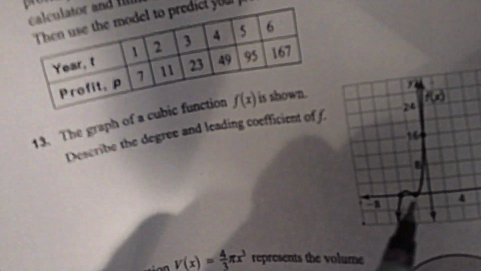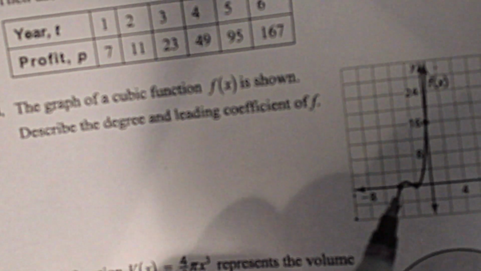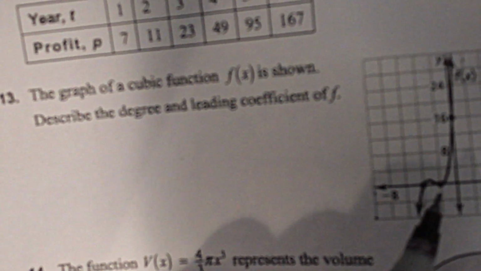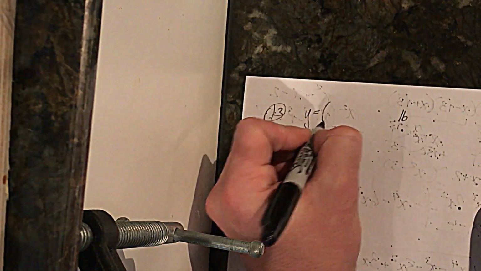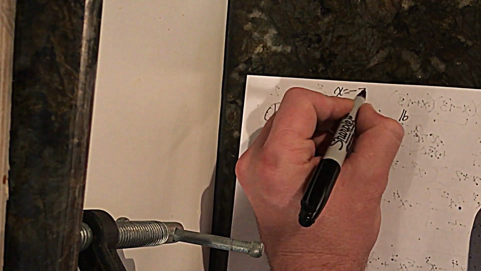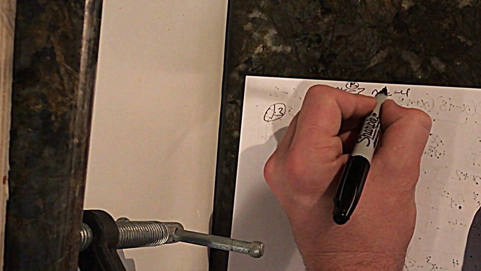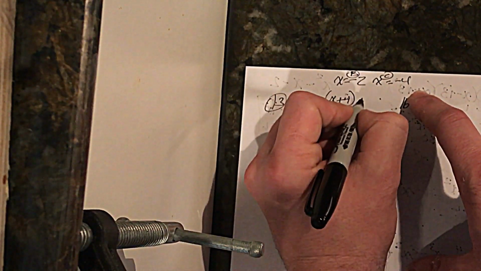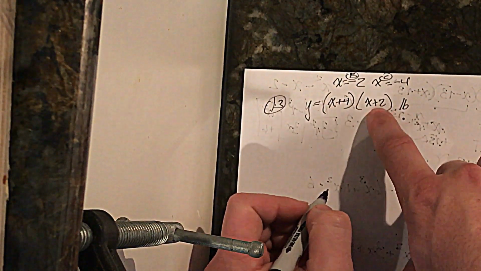Now we can see that we have a cross and a bounce. The cross happens at x equals -4, and the bounce happens at x equals -2. Here is my bounce, and here is my cross. So our factors should be x plus 4 and x plus 2. We're going to have a cross here, and we'll have a bounce here.